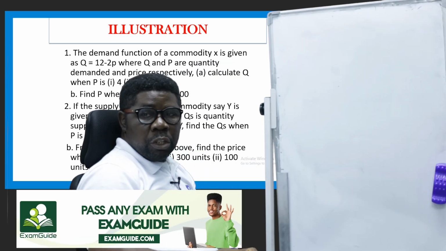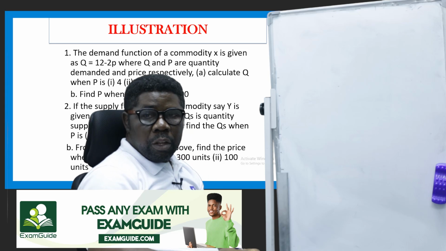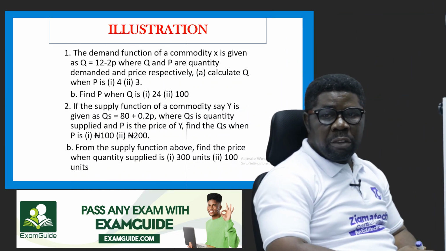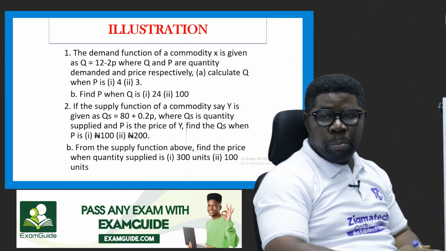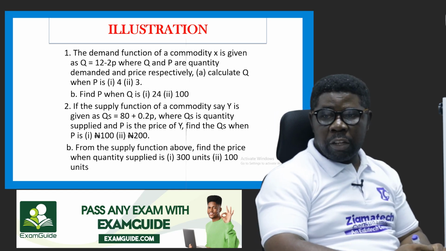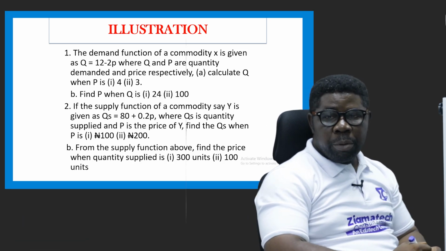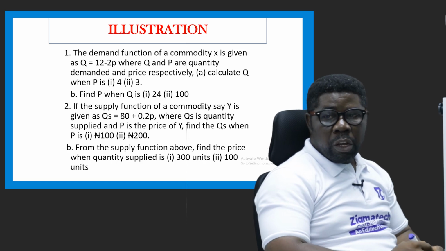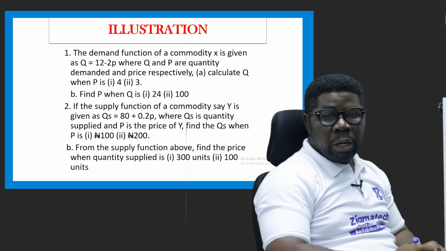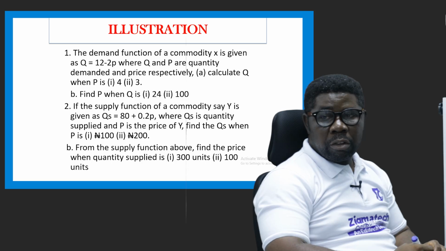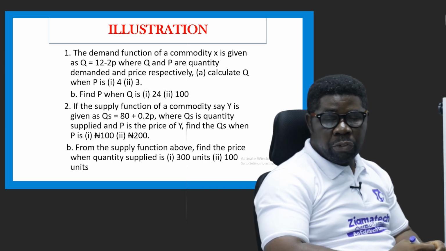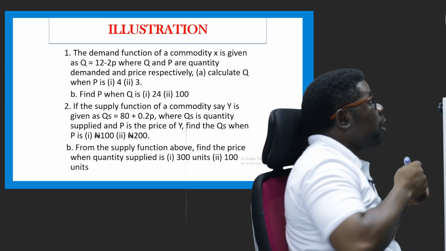Yeah, the second question has to do with supply. It has a function of QS equals to 80 plus 0.2P, where QS is quantity supplied and P is price respectively. Here we are supposed to find QS, all right, when P is 100 and 200. So we are looking for QS, that's quantity supplied.